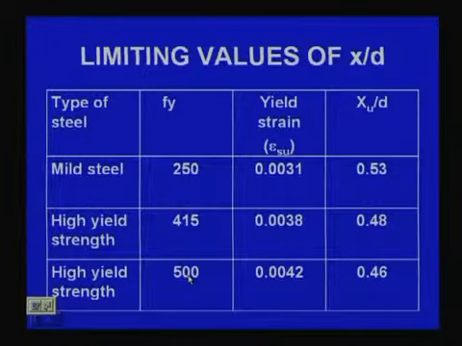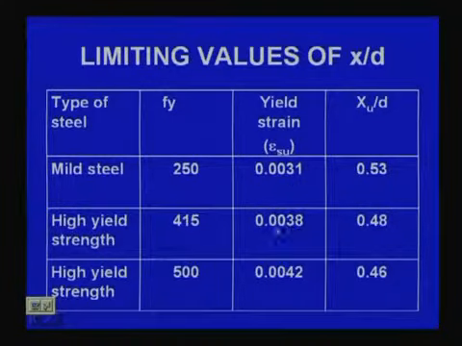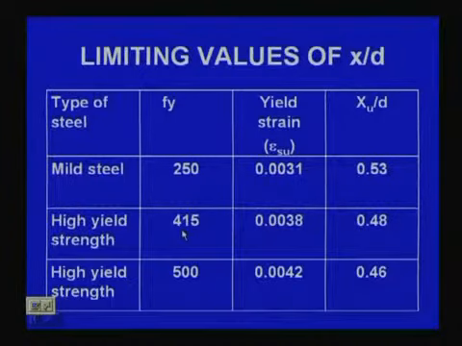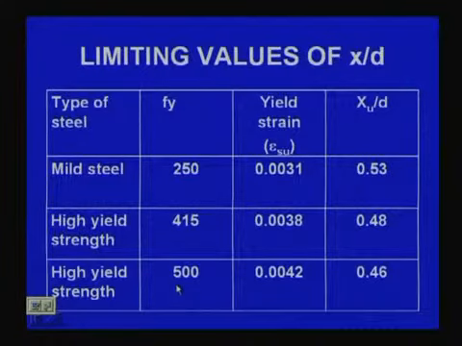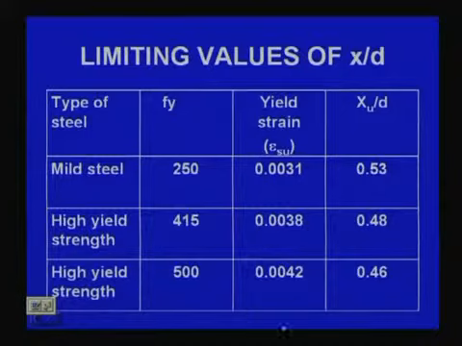Using the formula, we can get the yield strain: 0.0031 for Fe250, 0.0038 for Fe415, 0.0042 for Fe500. Simple calculation from there we can make, and we should remember, at least we should remember 0.0038.